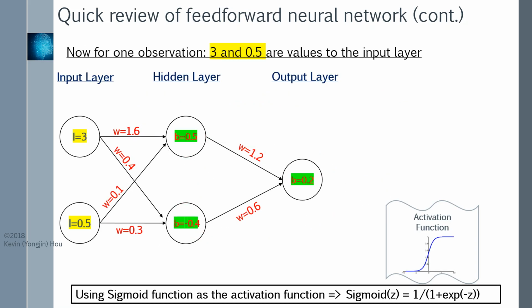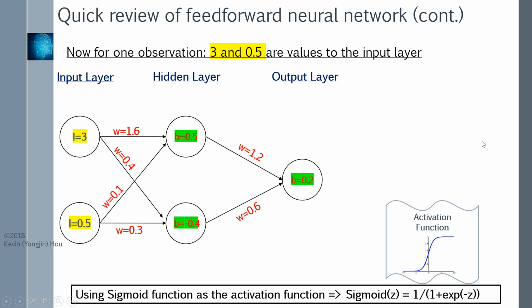Now, given the setup, given the weights and thresholds of the neural network, we want to make a prediction. We get certain inputs, input 1 or x1, and input 2 or x2. As you can see here, they have values of 3 and 0.5 respectively.